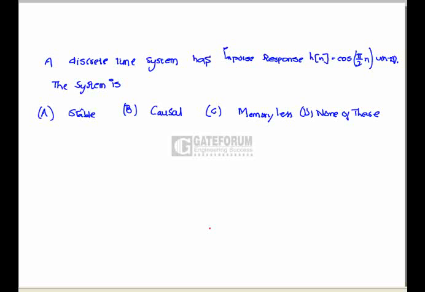A discrete time system has an impulse response h of n. The system is here. Statement A is stable. See, if we check the stability condition for the given h of n, it has to be absolutely summable, which means the summation of h of n must be less than infinite. See, h of n is not equal to 0 for n greater than or equal to minus 3, whereas it is 0 for n less than minus 3.